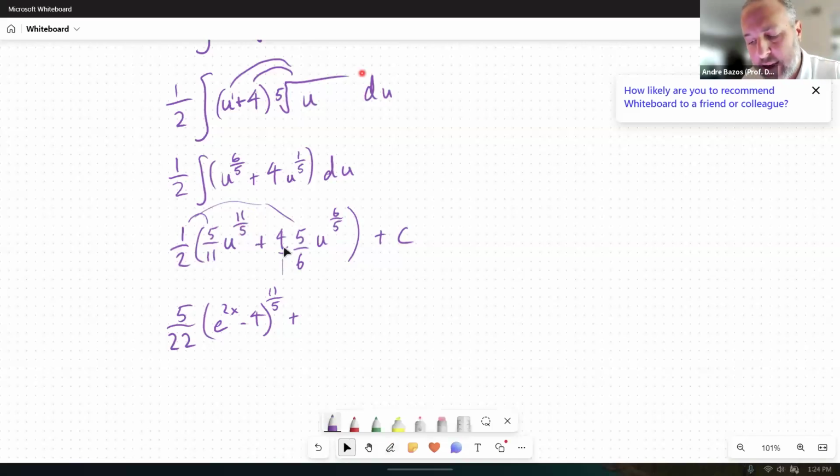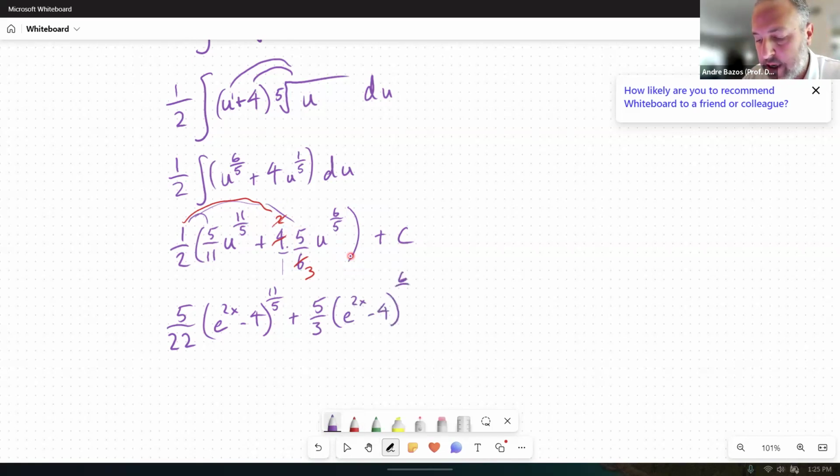I do have some possible simplifying here with the 4 and the 6. So that would be 2 and 3, and then I'm going to distribute this out, and those 2's are going to cancel. So I will get 5/3 u, which is e to the 2x minus 4, all raised to the 6/5 power plus c.